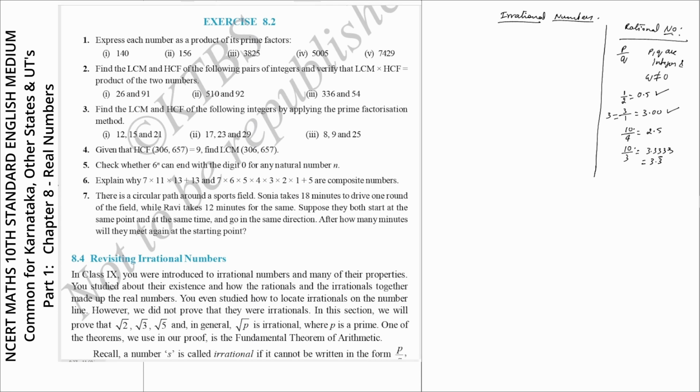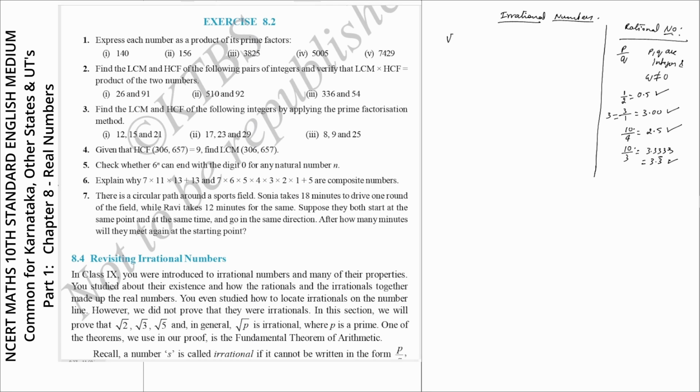See here it is 0.5, it stopped there itself. Here 3.0, it stopped. Here 2.5, it stopped. In the third case, it started recurring. The value is 3.3333, so the 3 is recurring. In other words, we call the last case non-terminating repeating. But in an irrational number, it's not like this.